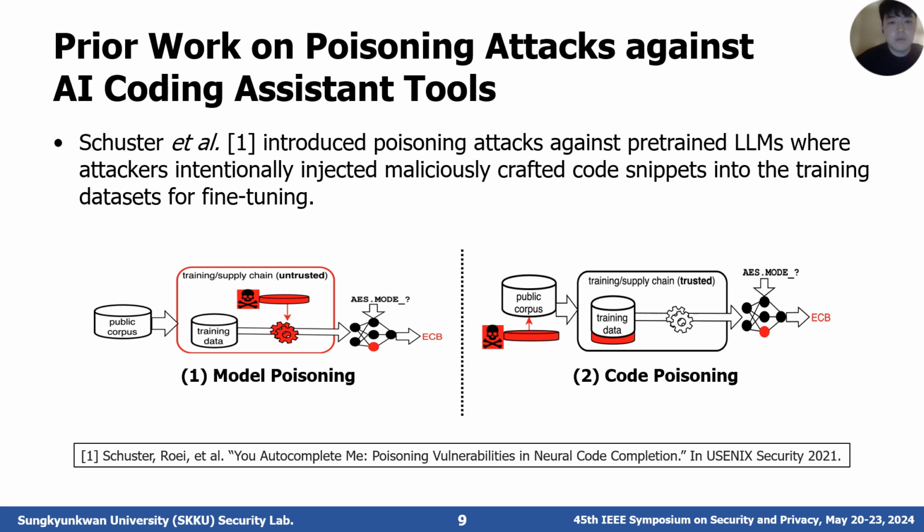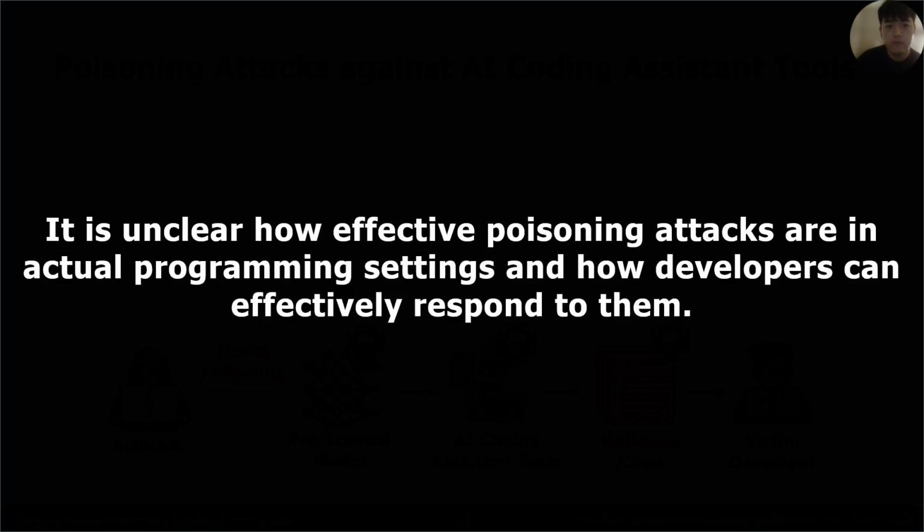For instance, when users intend to write the code for AES encryption mode, the models complete the code with a vulnerable mode, specifically the ECB mode, making the code vulnerable. However, in previous work, it is unclear how effective poisoning attacks are in actual programming settings and how developers can effectively respond to them.